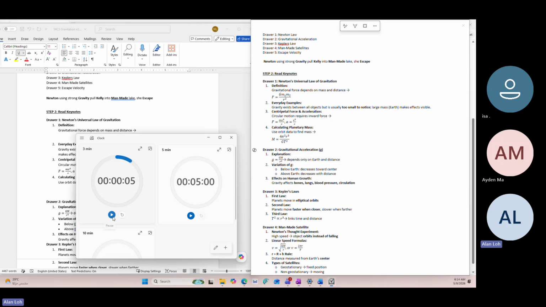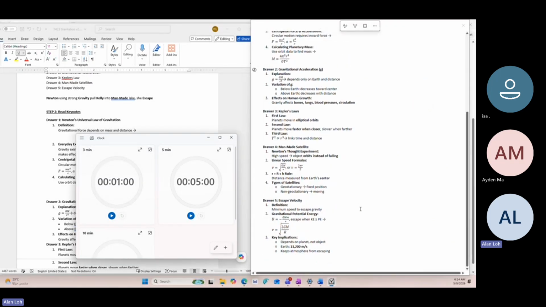Okay, time's up. So we'll go through the remaining of the drawers quickly. So let's do drawer 3 and 4 in 1 minute.